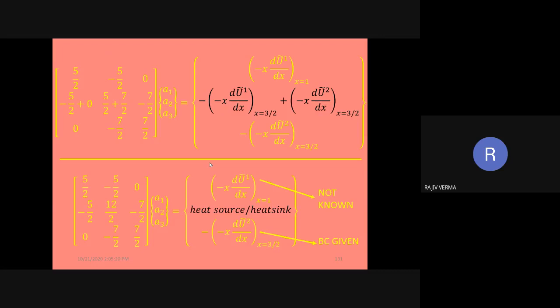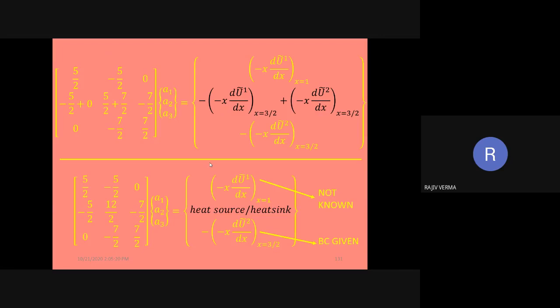But then equation number 2 and equation number 3 have three unknowns, A1, A2 and A3. But we have only two equations. So at this particular point, we are going to use the other boundary condition, which was the value of u prescribed at node number 1. That is going to be applied to the trial function of the first equation, which is going to give you the value of A1.